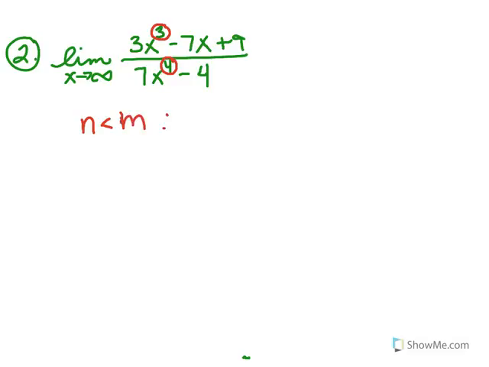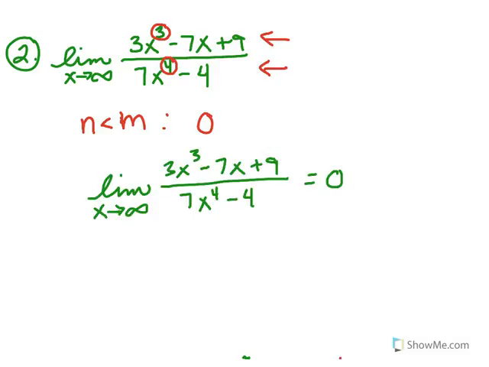So the rule here is that no matter what happens, this numerator will never ever be as big as this denominator because the exponent is bigger. So the limit here will always approach 0. And of course, in formal notation, your answer will look like this.